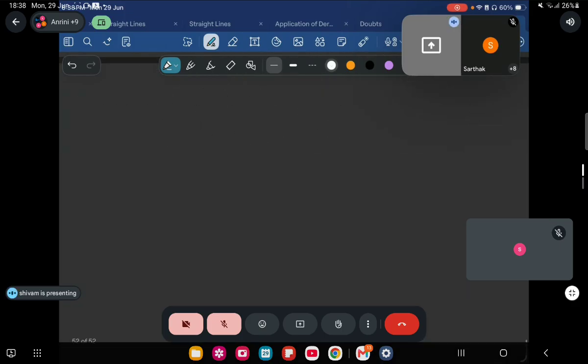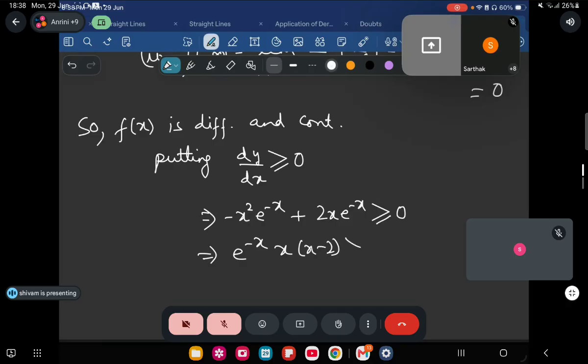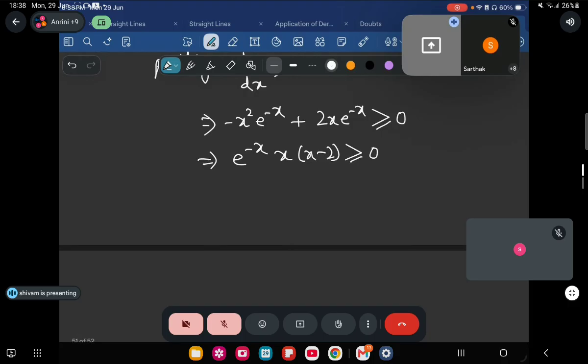This implies minus x square into e to the power minus x plus 2x into e to the power minus x must be greater than or equal to 0. So if you take e to the power minus x common, what are we getting? We'll get x into x minus 2. This should be greater than or equal to 0. E to the power minus x is anyways greater than 0. So we have to find out the critical points. We have to use the wavy curve to solve this inequality.